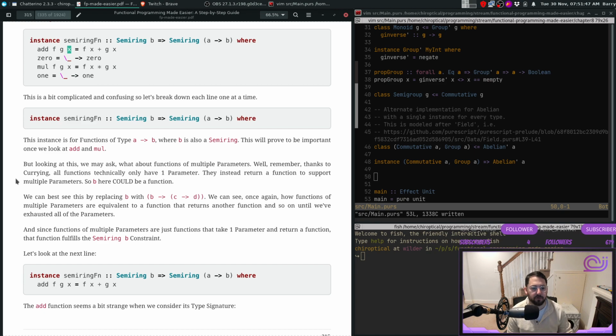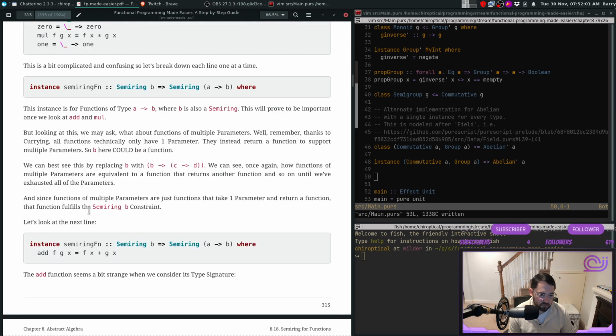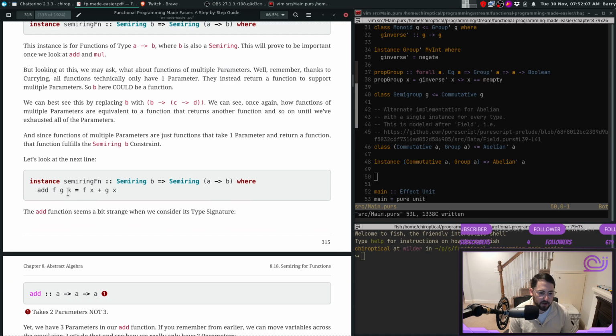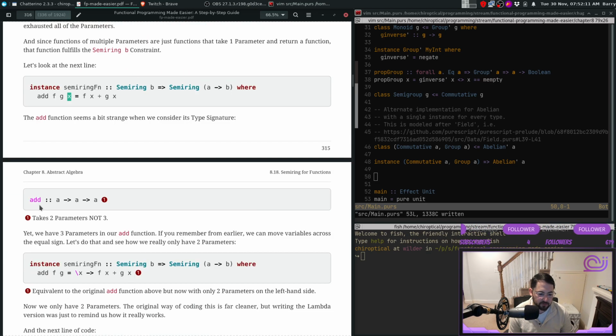They instead return a function to support multiple parameters. So B here could be a function. We can best see this by replacing B with B to C to D. Yeah, so it looks a bit strange, but I'm pretty sure that this X could just be a lambda on the other side. Yeah.